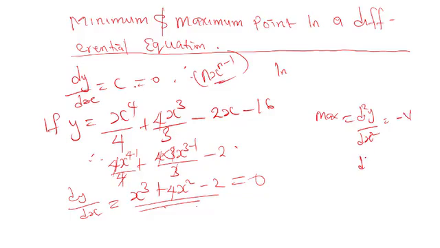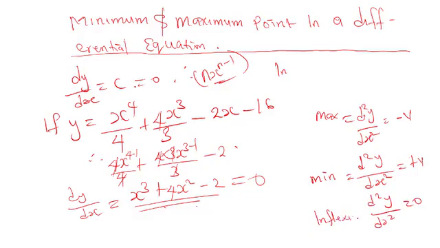While d²y/dx² is equal to a positive value when you're calculating the minimum point. Then this is called the point of inflection. So when you're calculating the turning point, we are interested in all this, but the point where this is equal to 0 is called our turning point.